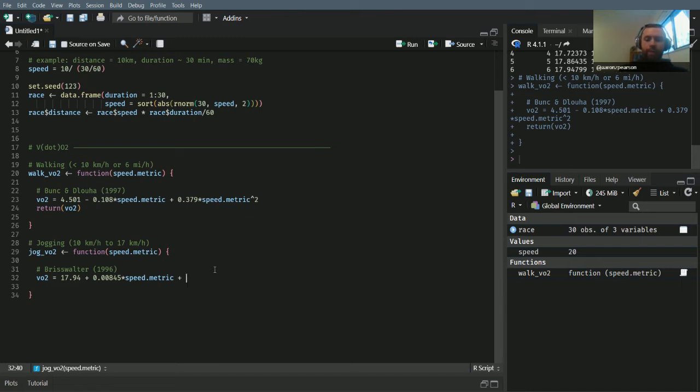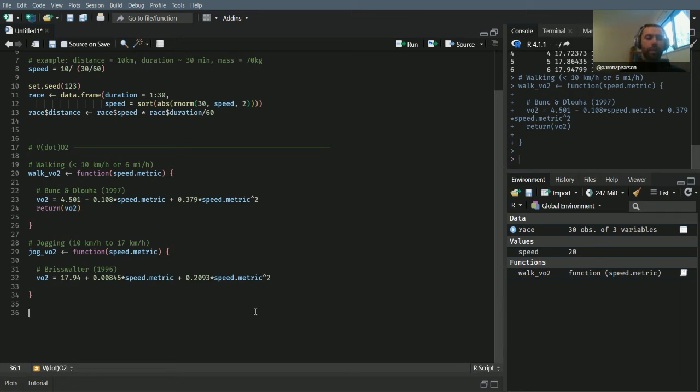Plus 0.2093 times our speed in metric squared. Now we have two more that we're going to use, and then we're going to quickly see how they differ, and then apply it to our race data or sample data.